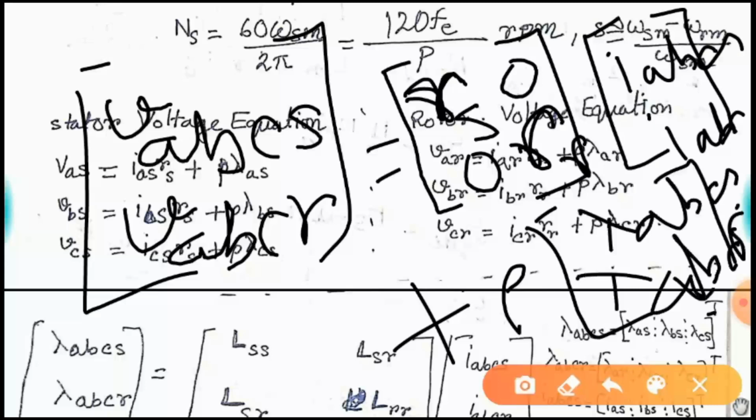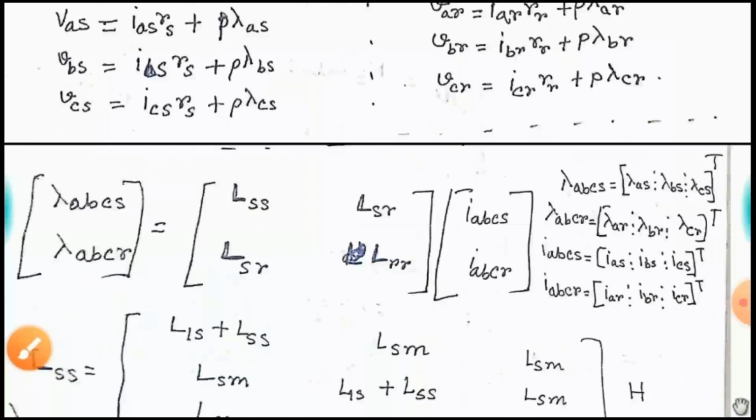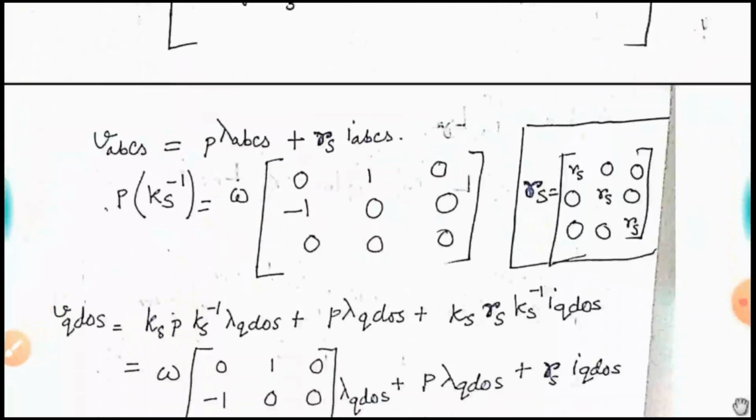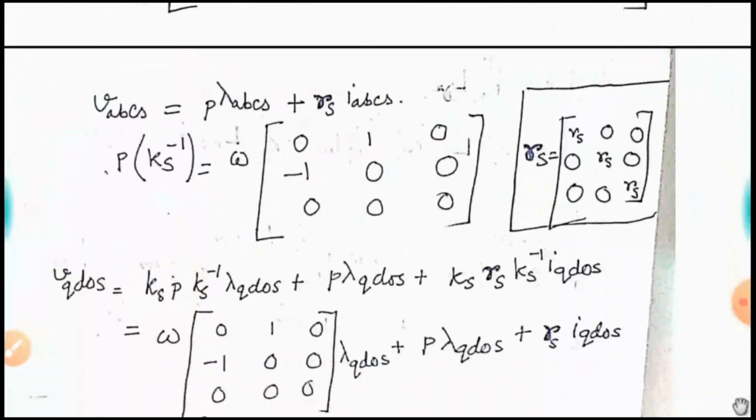So this equation we have to use, and when we deal with lambda ABCS, we know this P lambda ABCS will give two terms.